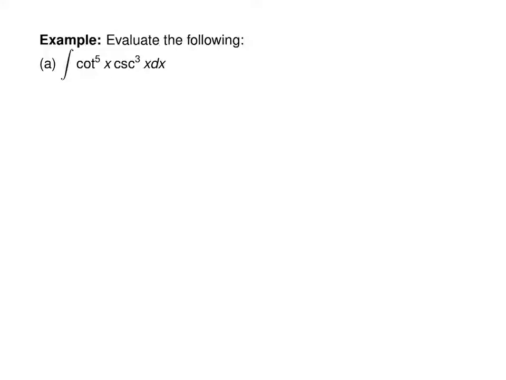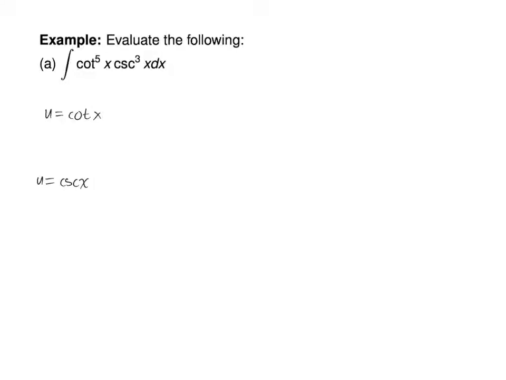Now, of course, these reciprocal trig functions are not things you're going to encounter all the time. They're not as common. But there's a tangent and secant, and there's also cosecant and cotangent. It's kind of similar. So your options are let u be cotangent of x or let u be cosecant of x.